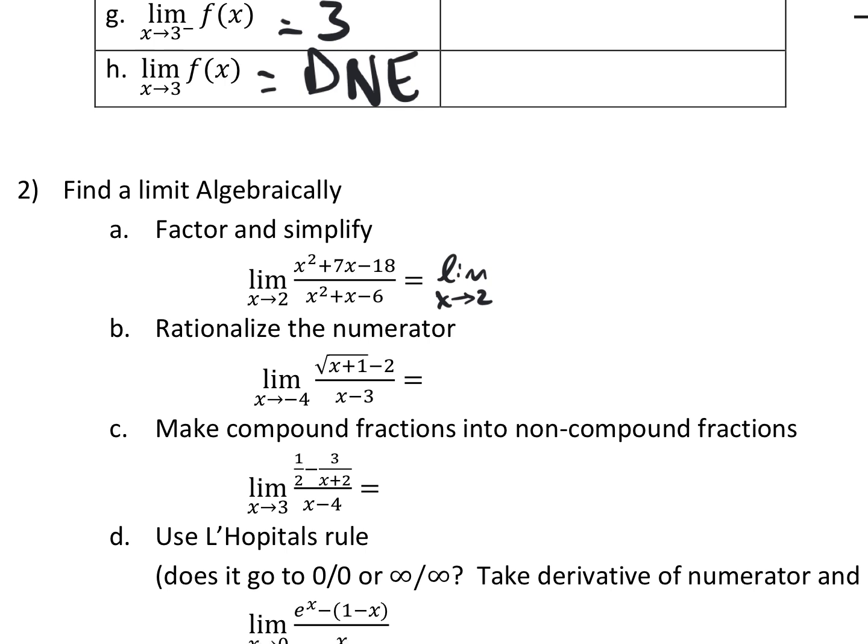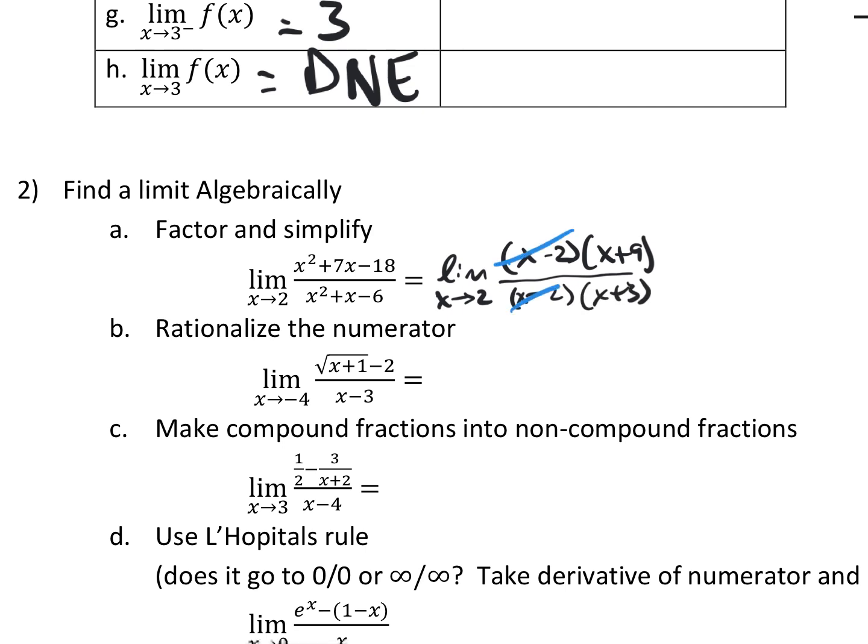Okay, so we have a different limit, and let's factor this. The top factors into x plus 9 and x minus 2: 2 numbers that multiply to negative 18 and add to 7, so that would be positive 9 and negative 2. This will multiply out to make that. The bottom is factored with 2 numbers that add to 1 and multiply to negative 6, which I think is x minus 2 and x plus 3.